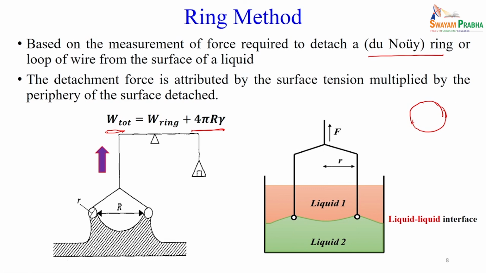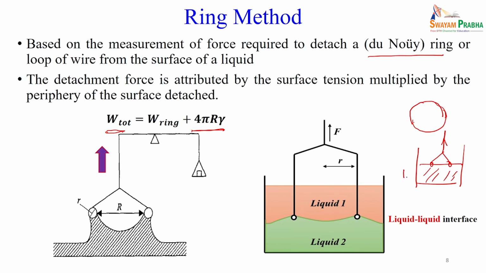This is a very simple method based on force balance, which says that if you are pulling the ring which is in contact with the interface, the force applied will be equal to the surface tension. So, if you are having a liquid here, we have put the ring here and we are pulling it out.